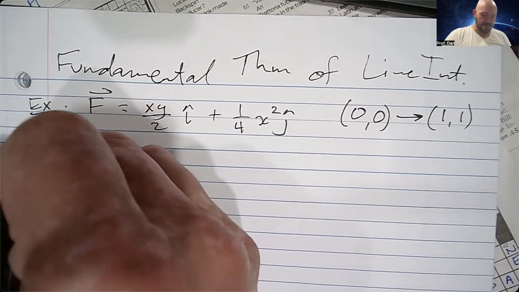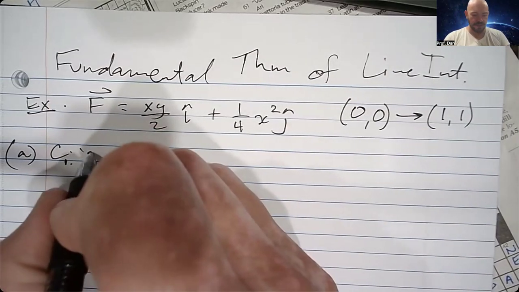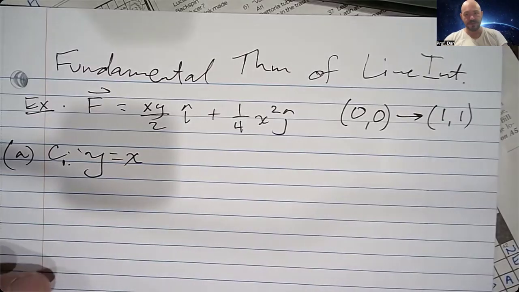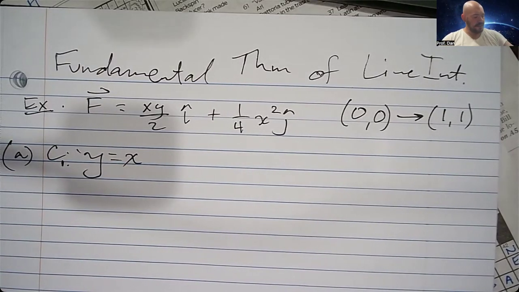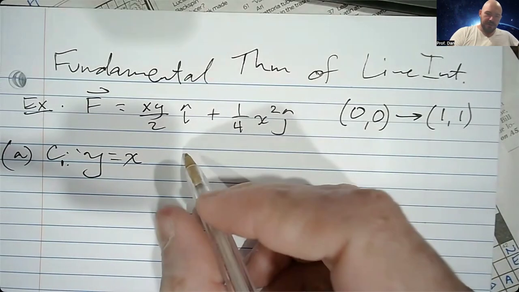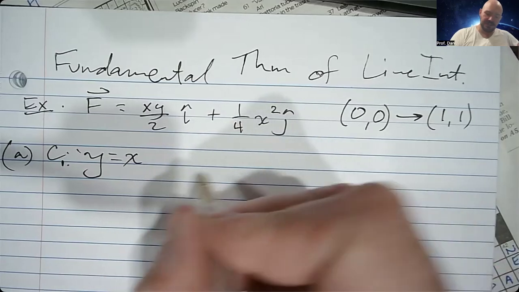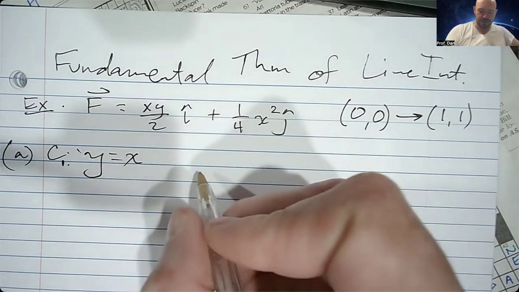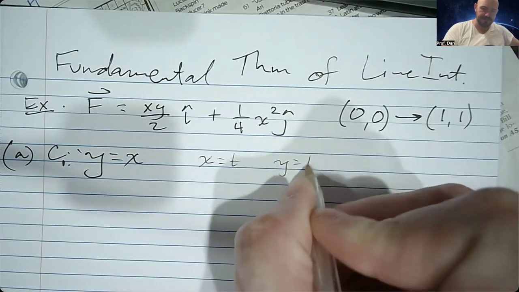So for the first part of this example, let's consider C1, where the particle is moving along the line y equals x. When we look at this pathway, one approach we can take is, as we've seen before, assigning parametric equations. Since the line is y equals x, we can do x equals t and y equals t.